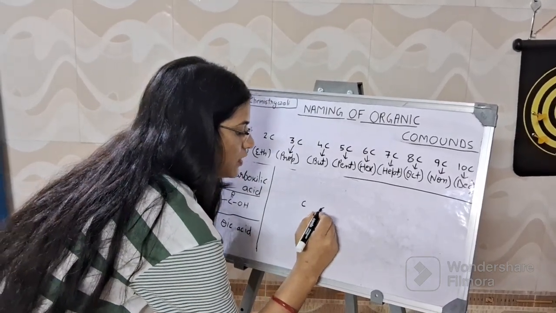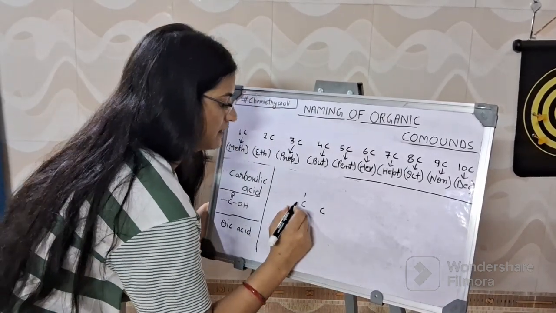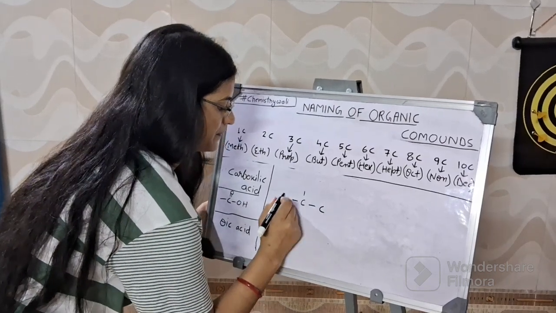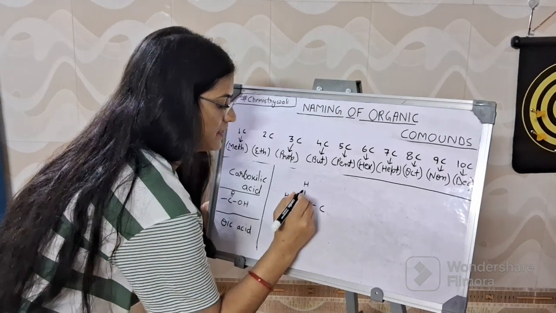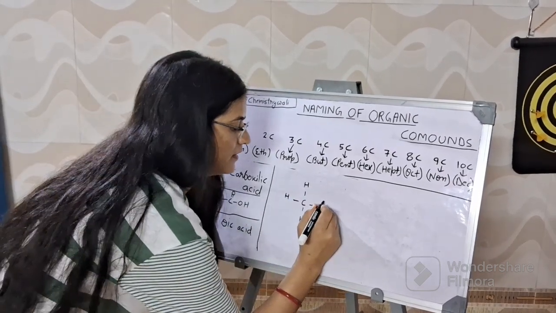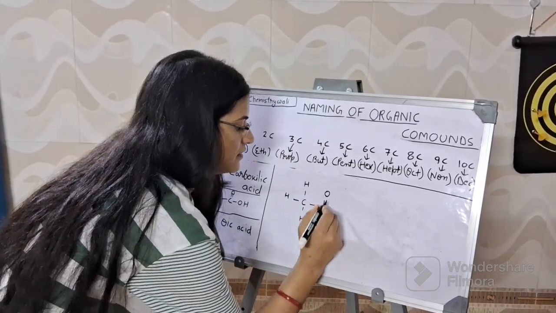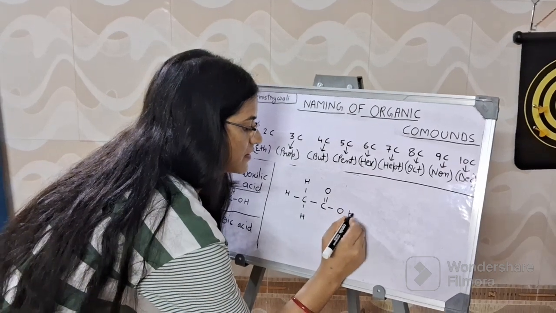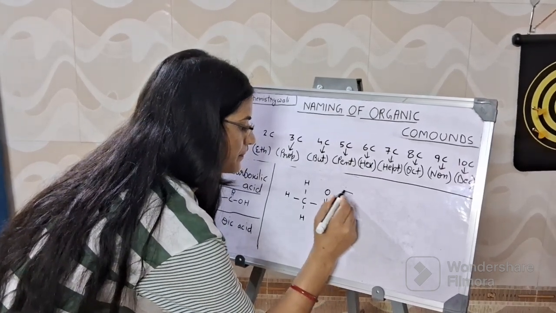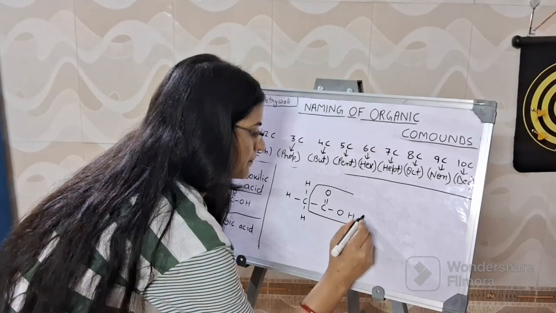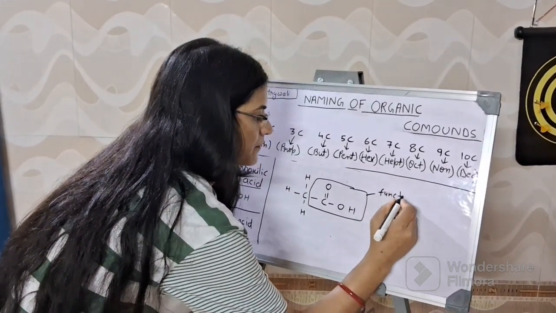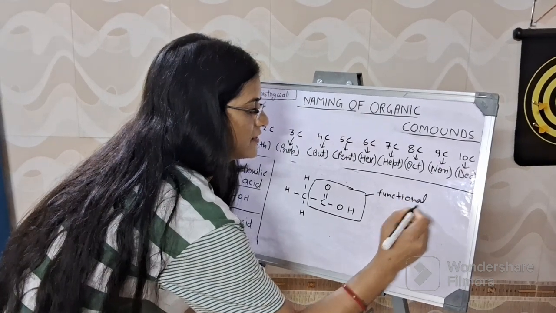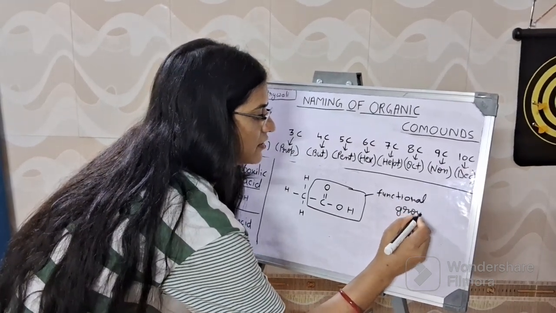If 2 carbons are here, this is CH3. Now this carbon is the functional group.